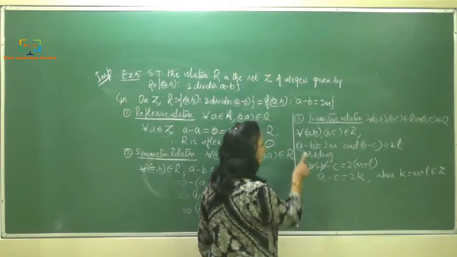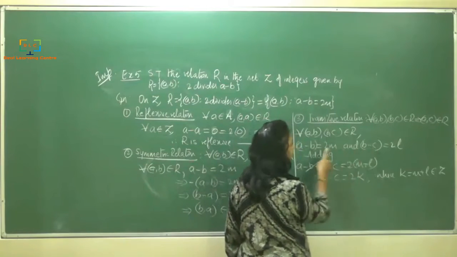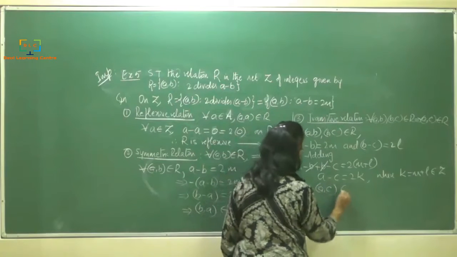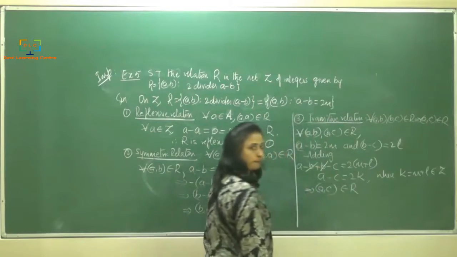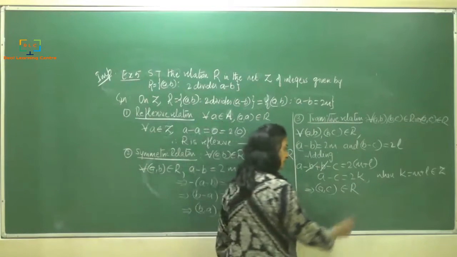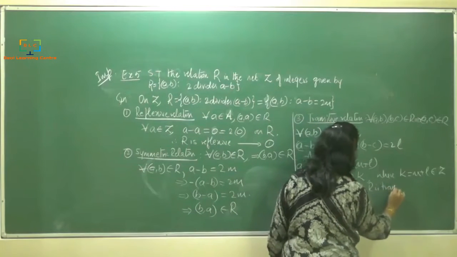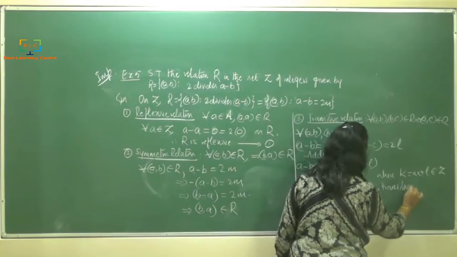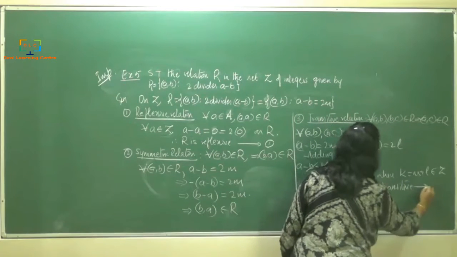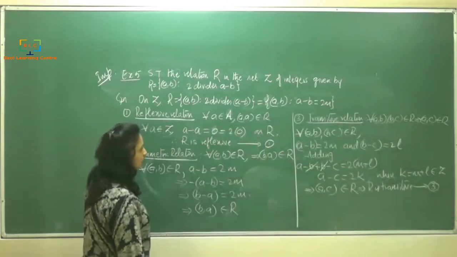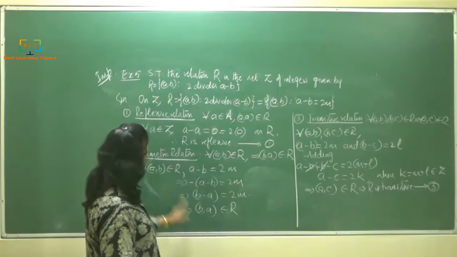See, I started from (a, b), (b, c). I ended up getting a and c. So this implies that (a, c) belongs to R, and this in turn implies R is transitive. This is statement number 3. What was your 2? Your 2 was, yes, see, from (a, b) I came to (b, a).